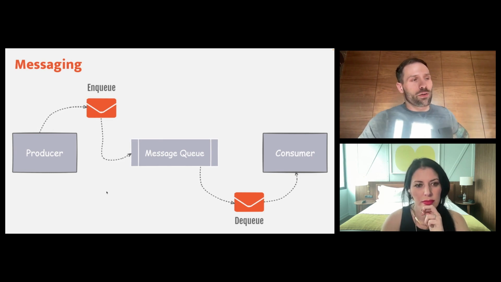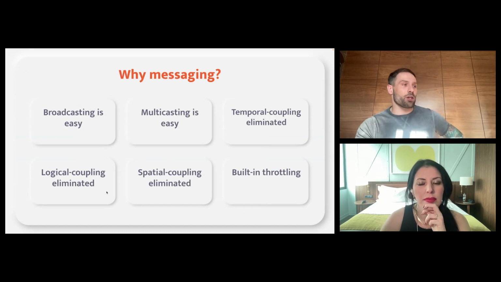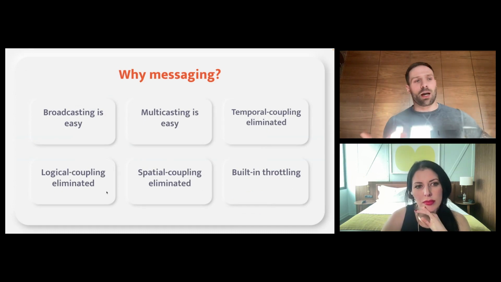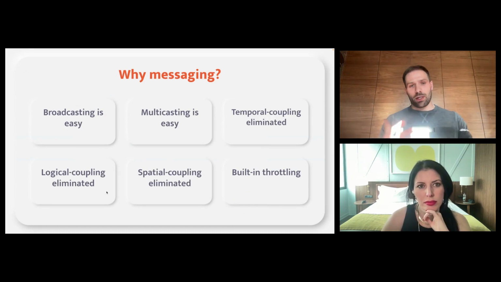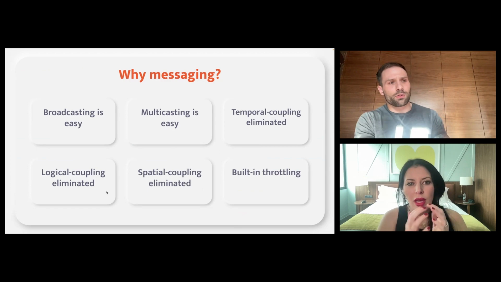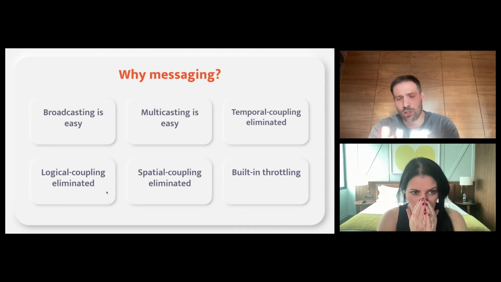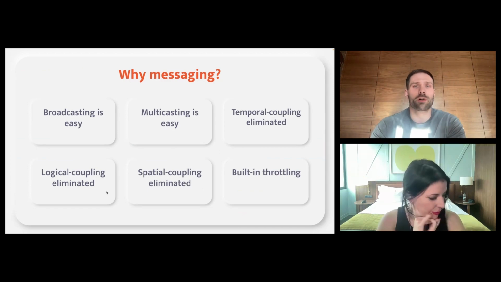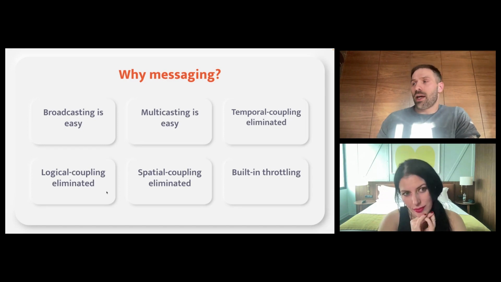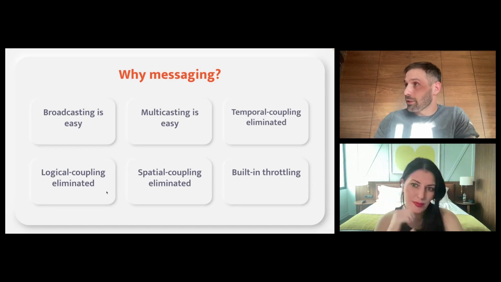But if the message broker is highly scalable, we can say that spatial, logical and temporal coupling is eliminated between the consumer and the producer. And last but not least, we also have built-in throttling. As Leila mentioned, the consumer can consume the messages at its own pace, right?